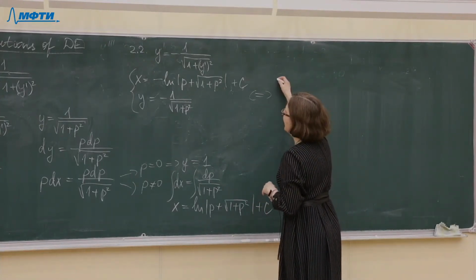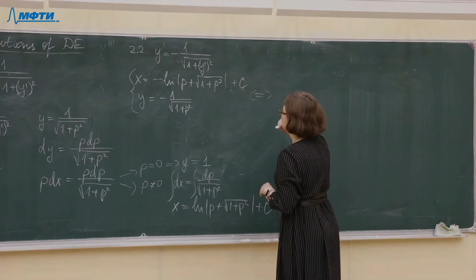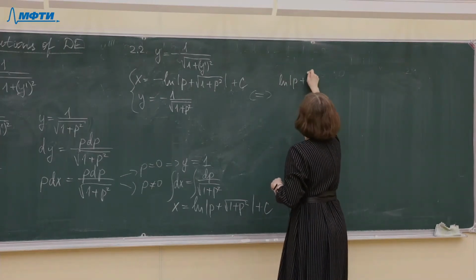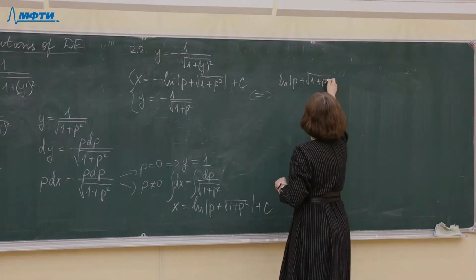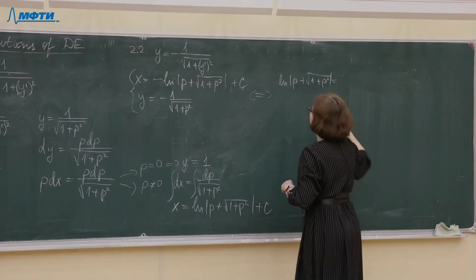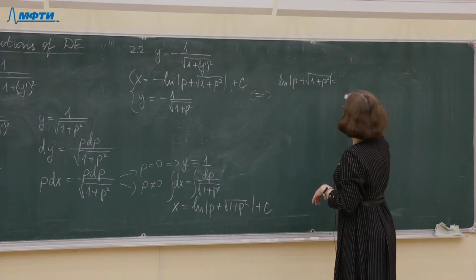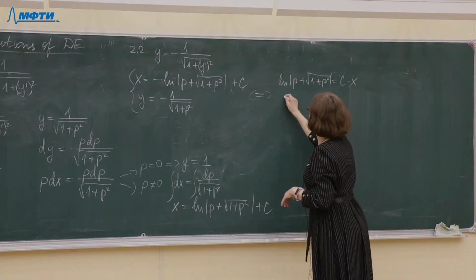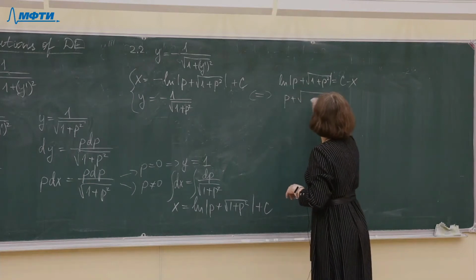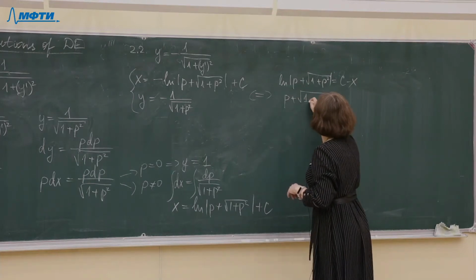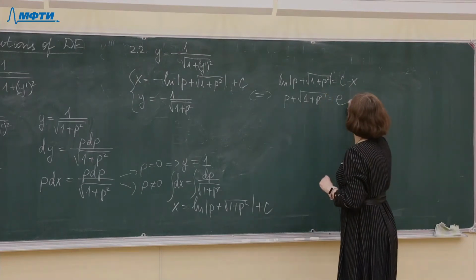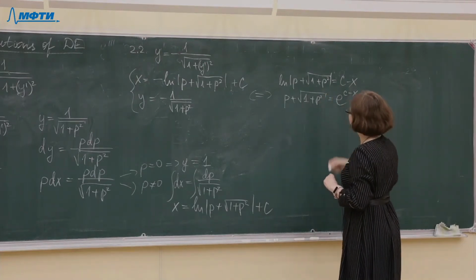It is the same as ln p plus root 1 plus p squared equals c minus x, and p plus root 1 plus p squared equals e to the power c minus x.